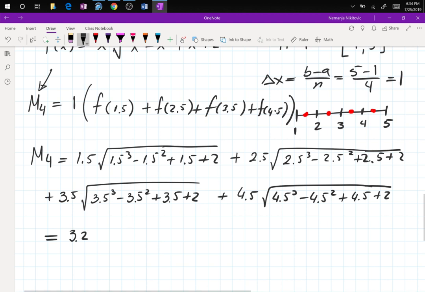3.2. Then you go second, enter, to repeat the previous function, and you change 1.5 into 2.5. Push enter. Should give you 9.3, if you did everything correctly. Second, enter. Change 2.5 into 3.5.